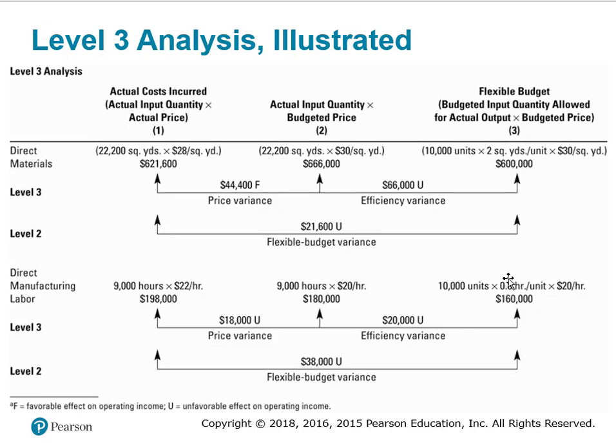So they used about 1,000 hours more than budgeted. That would be 1,000 at $20 an hour, which is our efficiency variance of 20,000. And for price variance, we expected to pay $20 per hour, but we paid 22, so the price was higher. So not only was the labor more expensive, but also the usage was greater. So maybe they had trouble with the machine or something like that. You really don't know till you look into it.